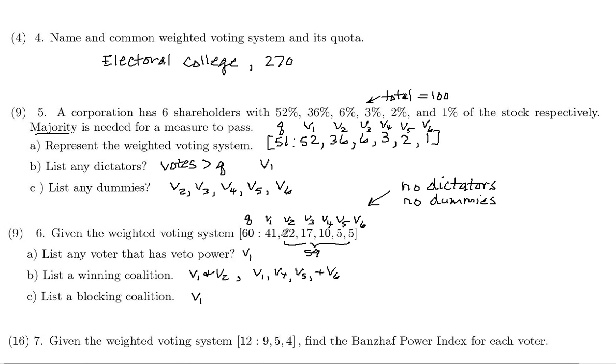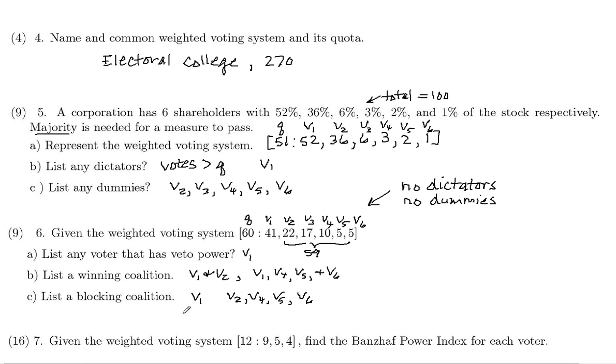So let's see, if we put the 22 together here with these guys total to 20, along with 22 would be 42 against. So that would be a blocking coalition. So another blocking coalition would be V2 along with V4, V5, and V6.